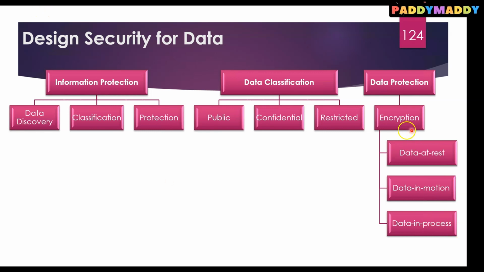For data at rest, we're going to use TDE and Always Encrypted methods. For data in motion, which is happening from one server to a client location, we might be using SSL or TLS options, or Always Encrypted. And for data in process, we might be using a dynamic data masking method while the data is being processed. These are the critical things that need to be considered for any kind of data security.